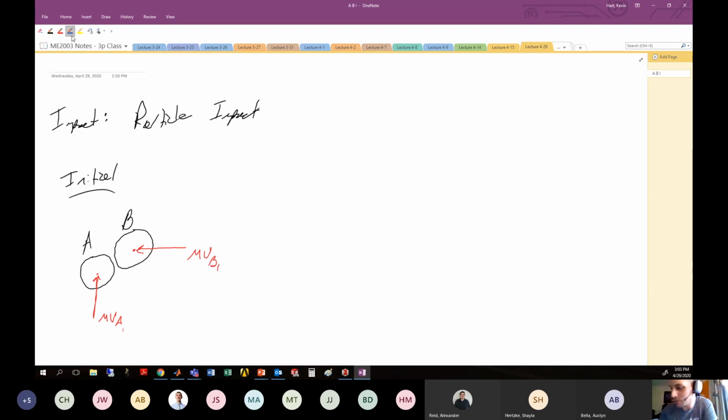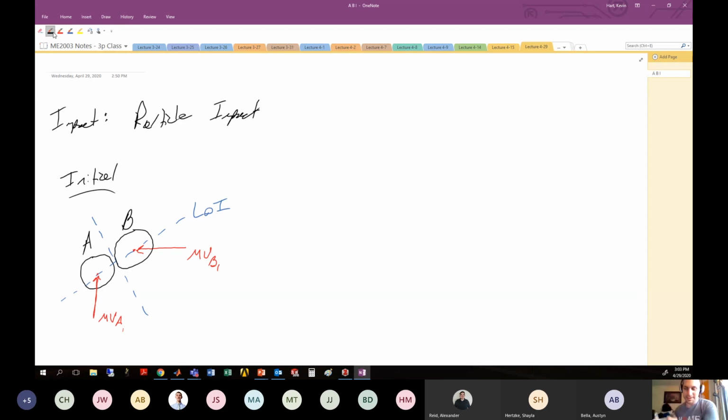We had some definitions for vocabulary that we're going to use to describe this impact, namely that we have the normal to the point of impact here, which we call the line of impact, or LOI for short. And then 90 degrees from that, we had the tangential direction, sometimes given a little t.